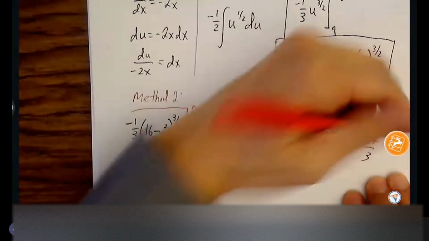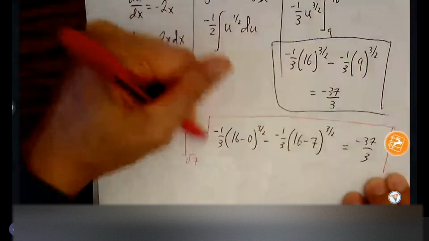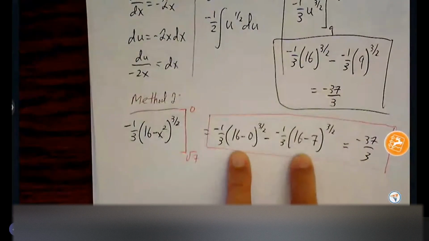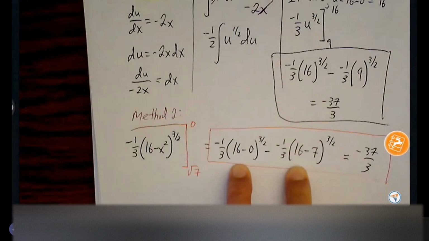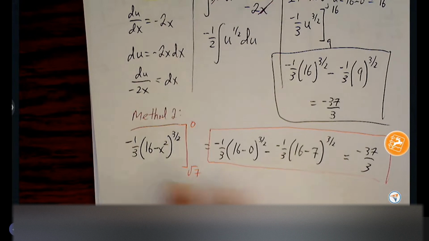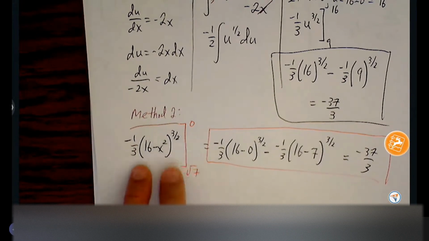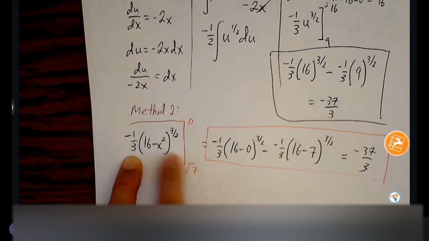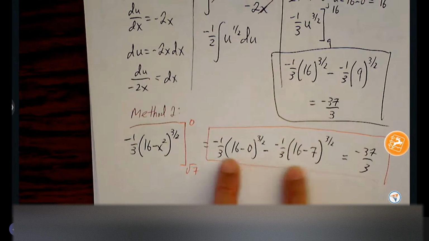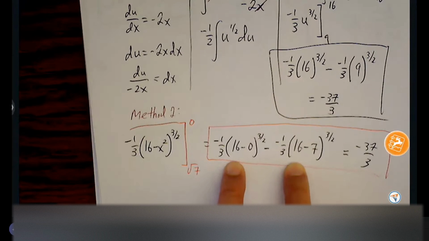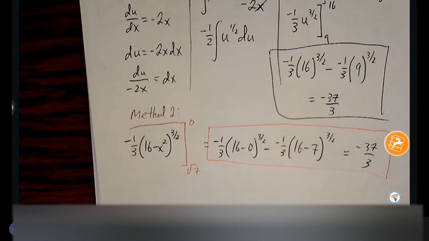If you give me your answer in this unsimplified form, I'll accept this as well. But if you leave it in this form, then that's not good enough. You need to show me that you understand how to plug these values in. You can leave your answer in unsimplified form, but you've got to get to at least this part. Okay, questions?